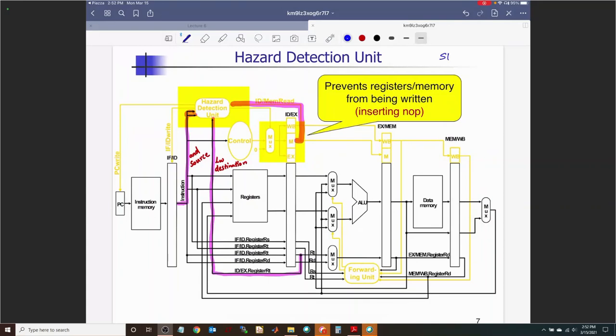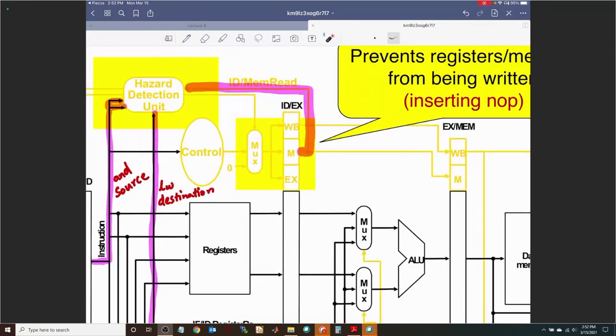Stall using no operation, NOP. And for NOP, all you have to do is this particular control to the MUX makes this 0 go to all the control lines. So this 0 is essentially written everywhere. 0 here, 0 here, 0.